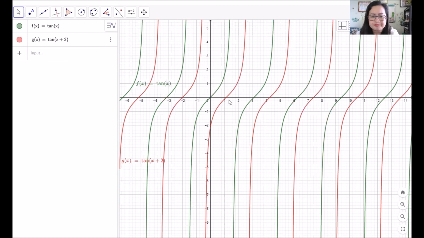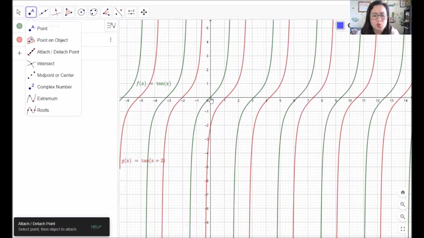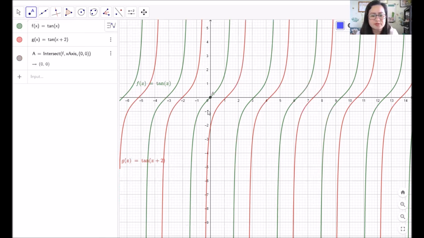So this is the y-intercept and the x-intercept of the original function. Now let's study here. We put a point here. As you can see, it's like the graph was shifted 2 units to the left.